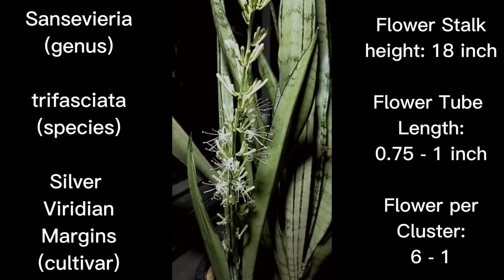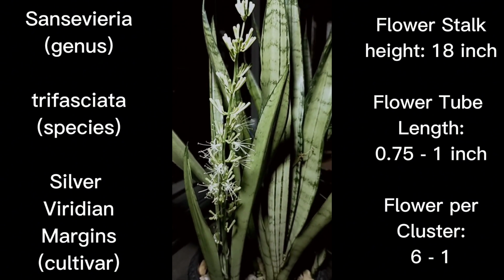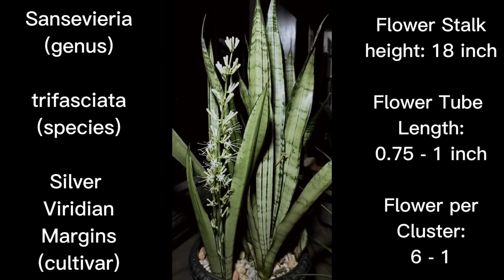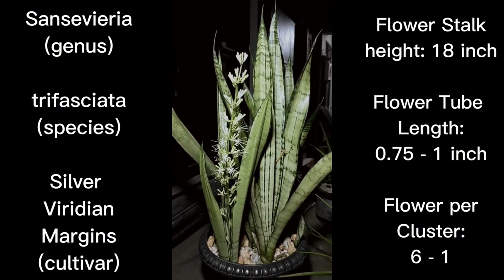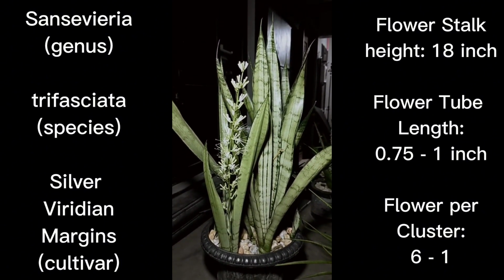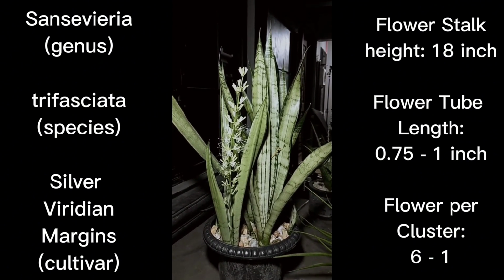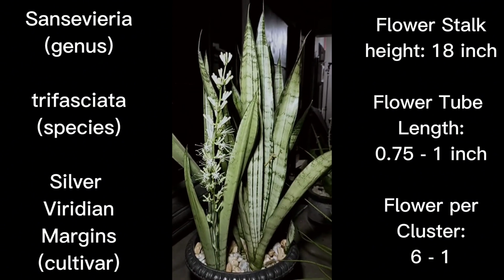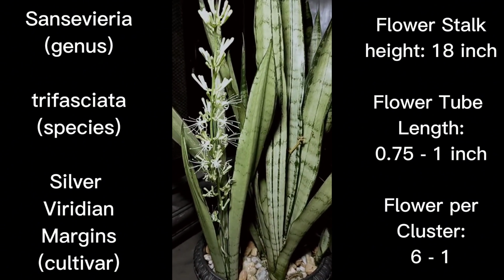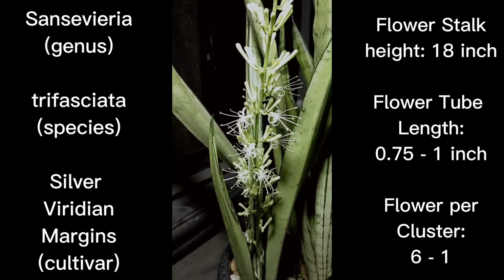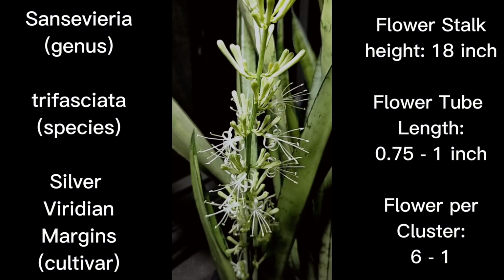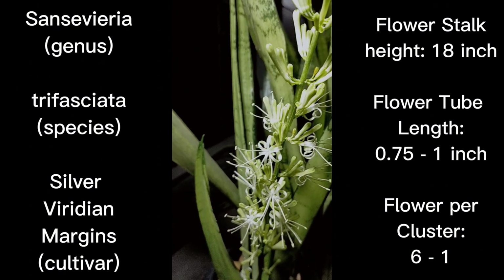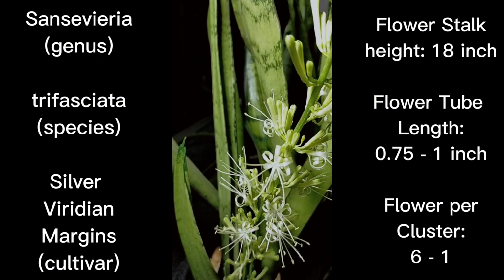I have provided you with a video clip on how the flower stalk looks with the whole of the trifasciata cultivar that I am featuring right now. What I'm showing you is the full video, or a glimpse of the inflorescence of this specific trifasciata cultivar.